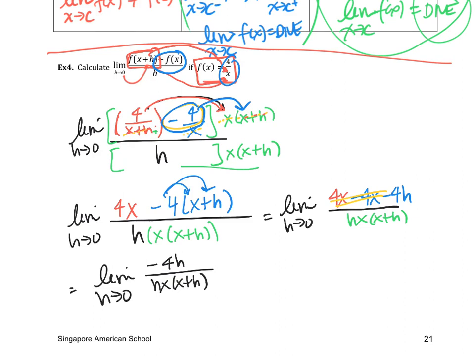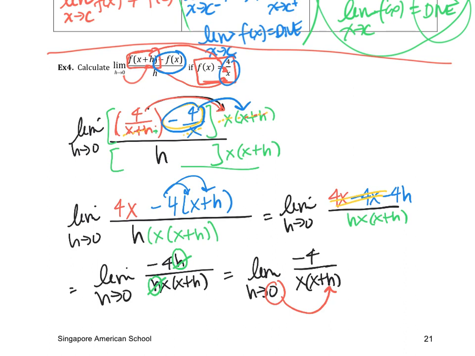But now what happens to my h here and my h here? They can cancel each other out. Almost done. I get the limit as h approaches 0 of negative 4 over x times x plus h. So now my last step is to take the 0 and plug it in for h. And look, we no longer have an undefined denominator.